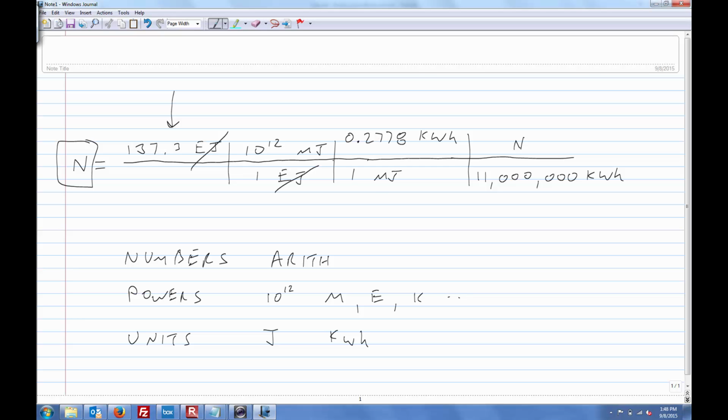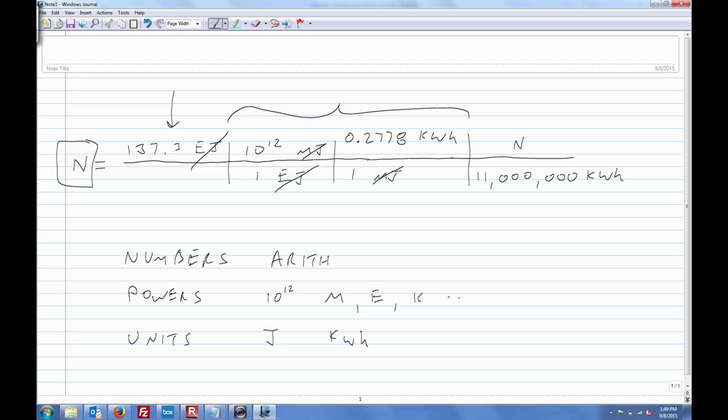So from there, and then also in the book, I know that there are 0.2778 kilowatt hours in 1 megajoule. So now I can cancel my megajoules. These middle two chunks are just straight-up conversion, no problem. The last one, I was a little confused when I first looked at it, but if you stare at the numerator and the denominator, that top left numerator, the 137.3, and just try both scenarios in your head.